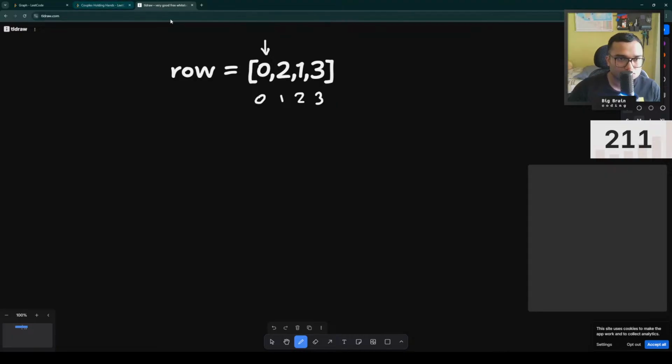Let's take a bigger example. Let's say when n is 3, right? So seats are 0, 1, 2, 3, 4, 5.